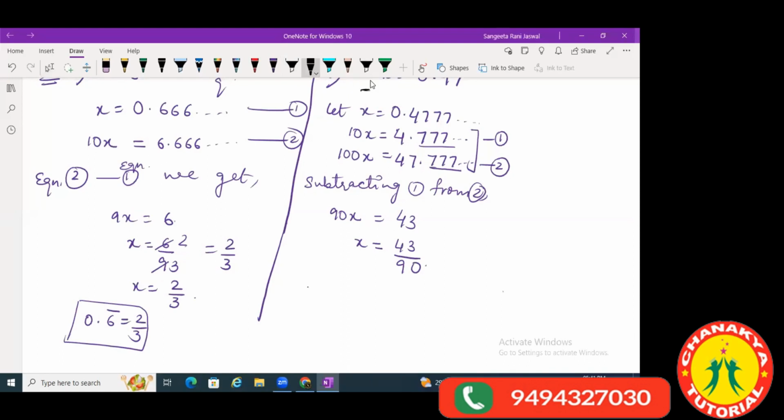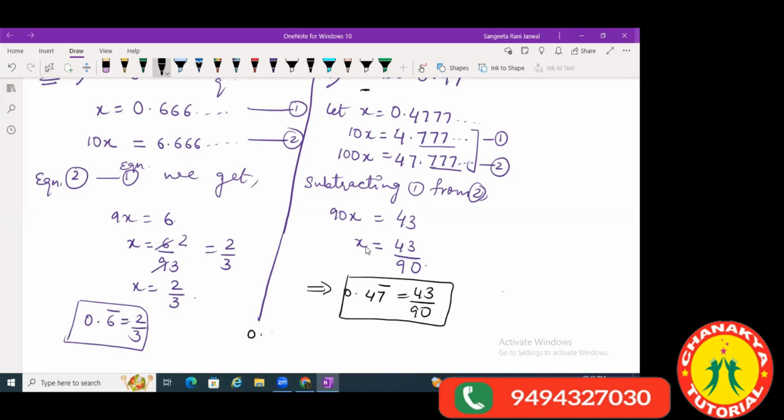So this implies that 0.47 bar is 43 by 90. Okay, so this is what we were asked to do, to make it in the p by q form. I hope it's clear to you now.